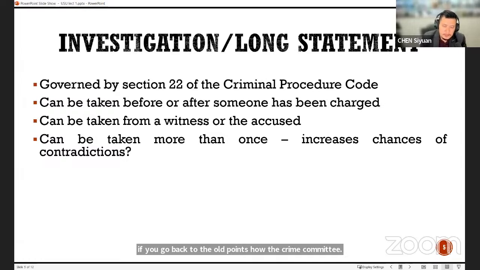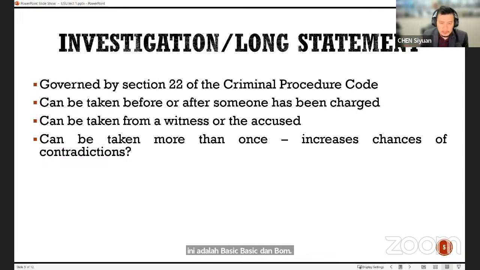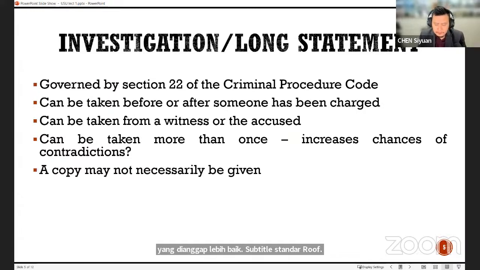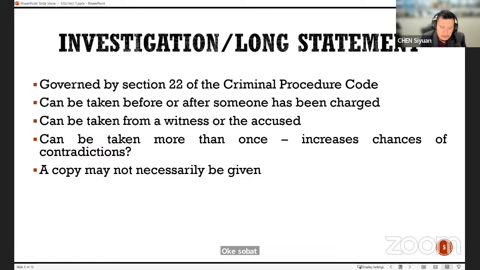And when that happens, the prosecution raises this to cross-examination, the person who has made contradictory statements is less likely to be believed by the courts. So I think this is another example of crime control in action. Not only that, a copy of the long statement may not necessarily be given to the accused.